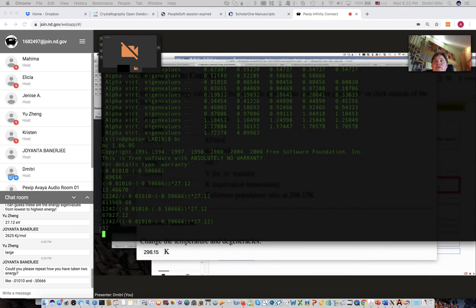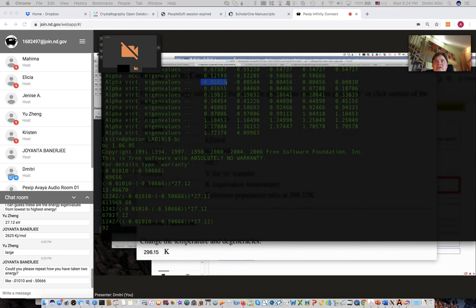So I'm looking at the table, at the border of conversion from OCC to VIRT. In the line for OCC, I take the last value. In the line for VIRT, I take the first value.